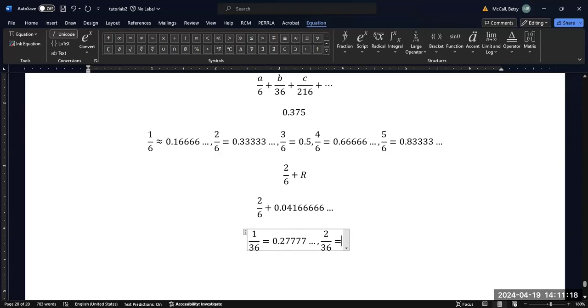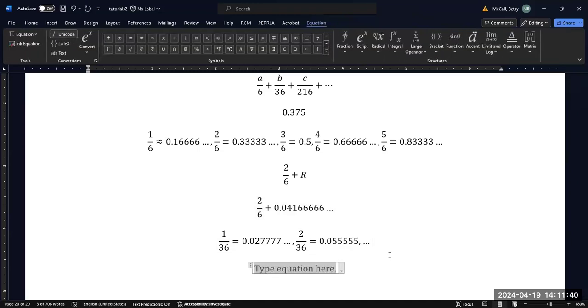That's 0.0555555. I don't really need to list any more because this is already too big. So I'm going to have one copy of 1 over 36.